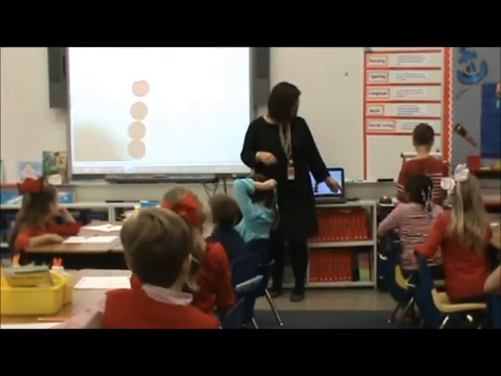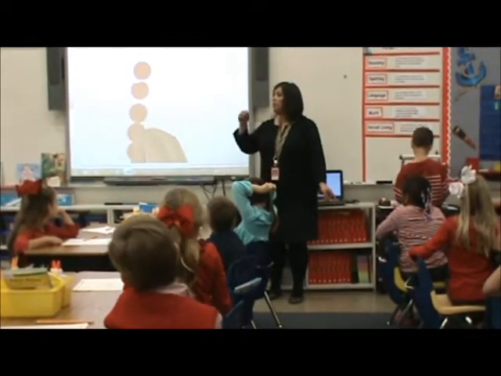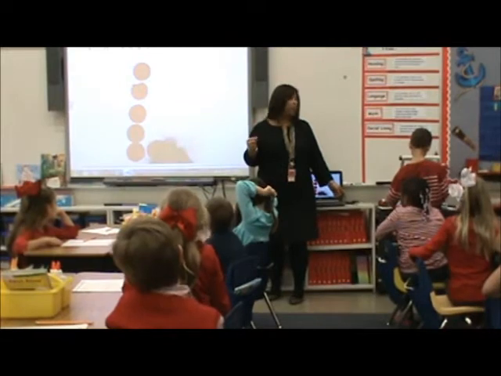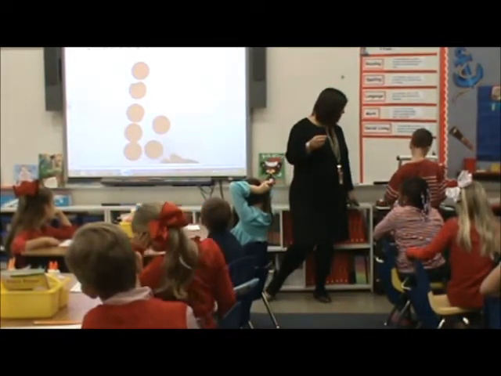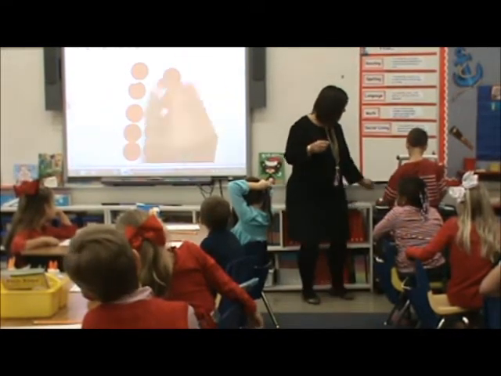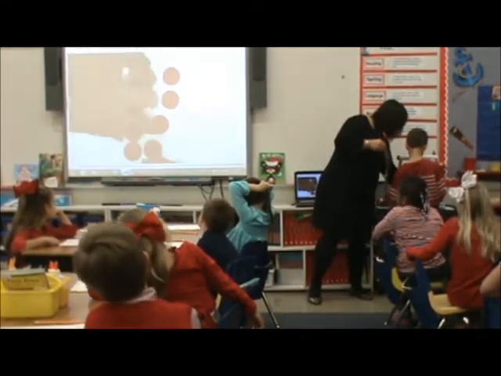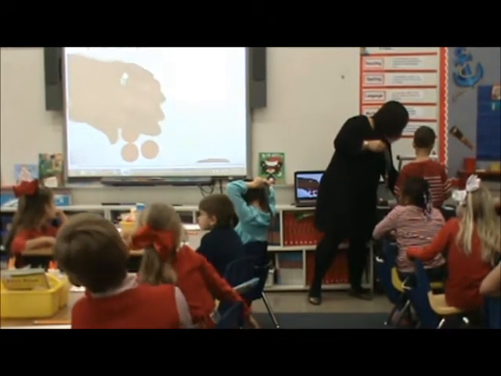Very good. Oh, I love the way Aiden is using the 10 frame way, and he's starting on the 4 and building up 5, 6, 7, 8, 9, 1, 2, 3, 4, 5. So now we built a 10.